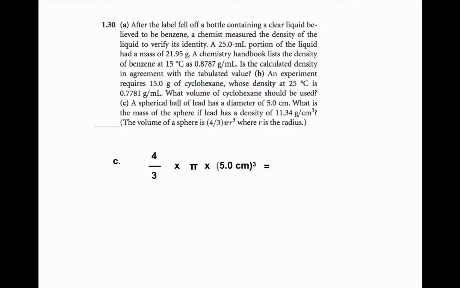You plug in the radius of the sphere to get the volume, and then we can use the volume of the sphere and the density to convert to grams. 2 sig figs in this answer, right? Yeah, we had a 2 sig fig side measurement, so it ends up being a 2 sig fig answer.